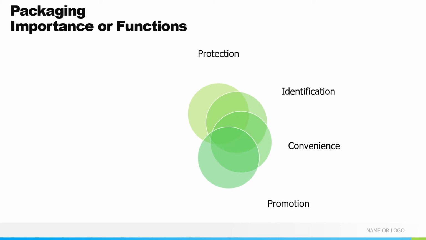Now, product promotion is another function of packaging. Packaging acts as a silent salesman as it helps to increase sales. Just imagine you going to a mall and you see some good packaging, you pick it up, you read about the product, you find the packaging so interesting that you feel like buying the product.